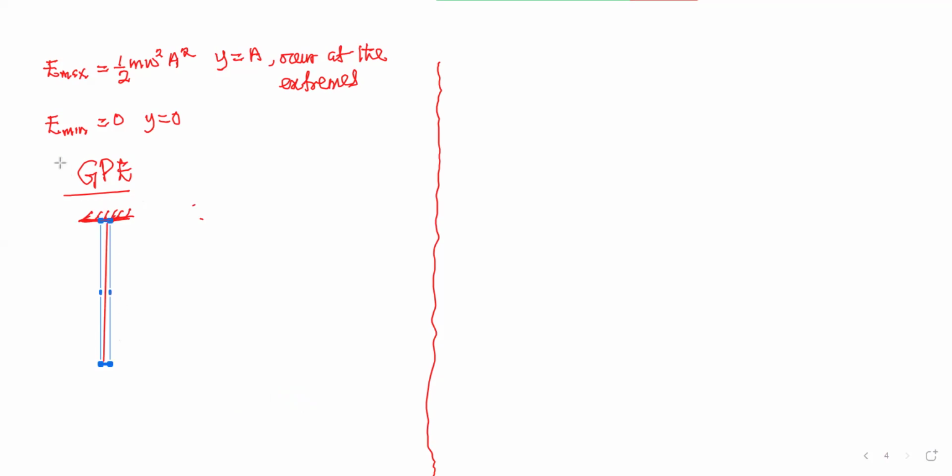When it is like this, we say it is in the rest position or the equilibrium position. Now, when this is moved through an angle theta, you realize that there is a vertical movement of the object.